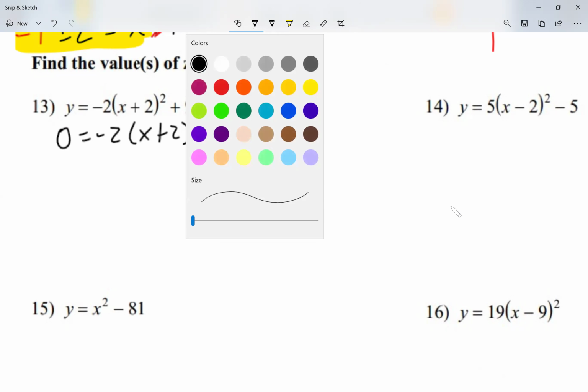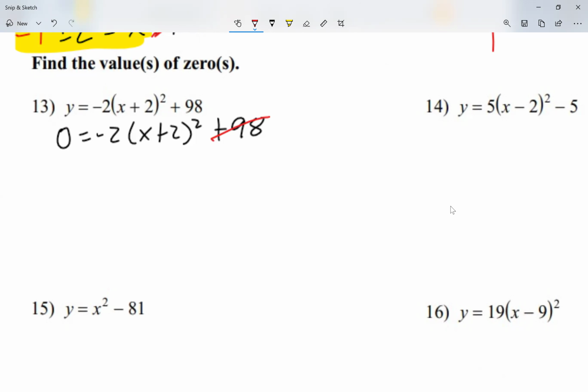So what I'm going to do first is subtract 98. Let me move it to the other side as a minus 98. 0 minus 98 is a negative 98. So I have that negative 98 is equal to negative 2 times the quantity x plus 2 all squared.